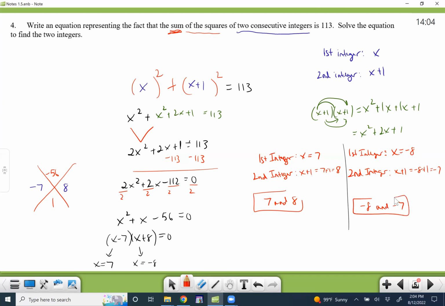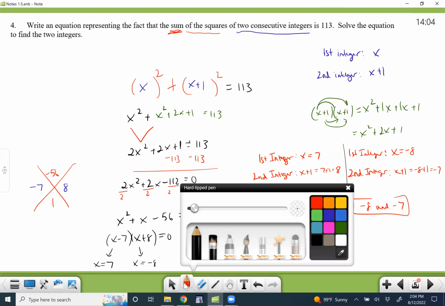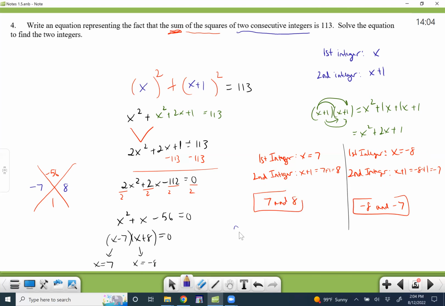Now what I want you to notice is why we're getting two solutions here. Remember we said the sum of the squares of these is 113. If I were to take the sums of the squares, 7 squared plus 8 squared, that'd be 49 plus 64, which, yep, that's 113.